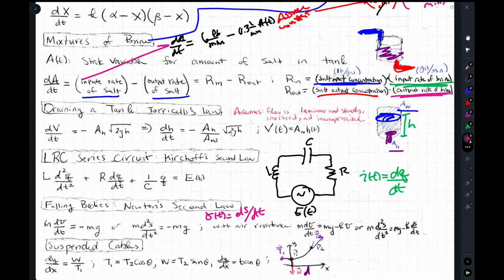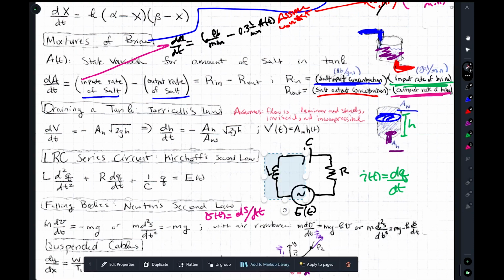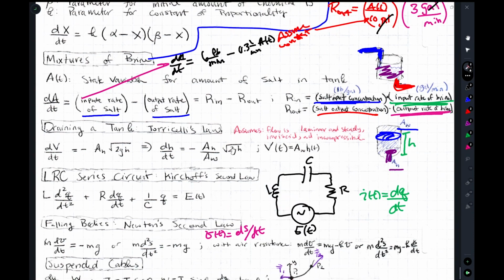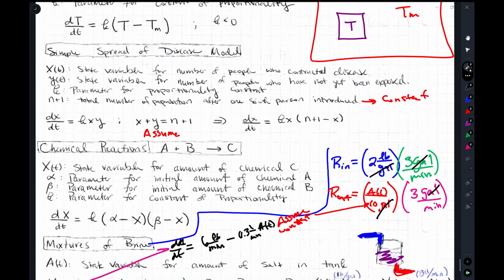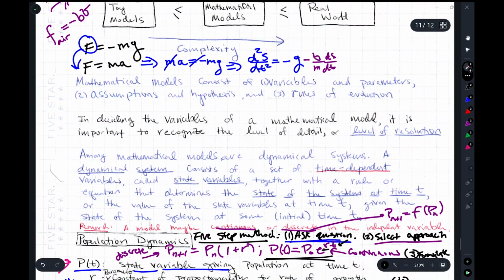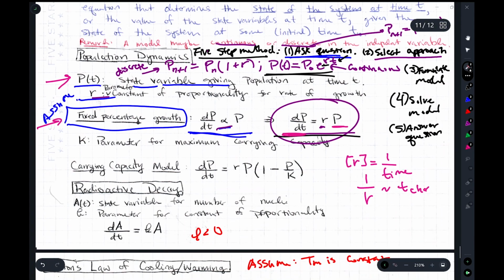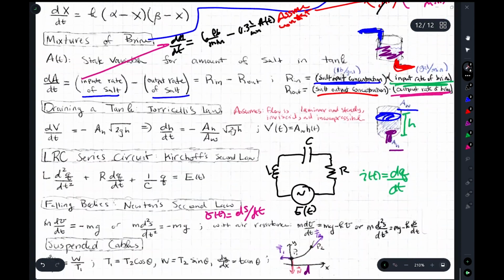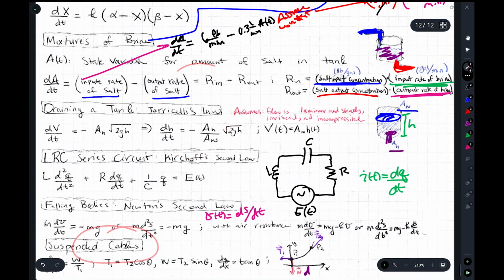We could also model the slope of suspended cables. Now, everything that we've looked at before have been dynamical systems. Everything here depended on time, and it was a change in time. Well, here's a model that's not a dynamical system.